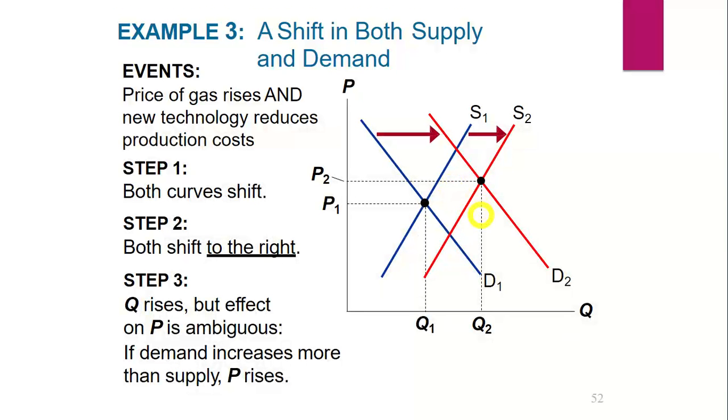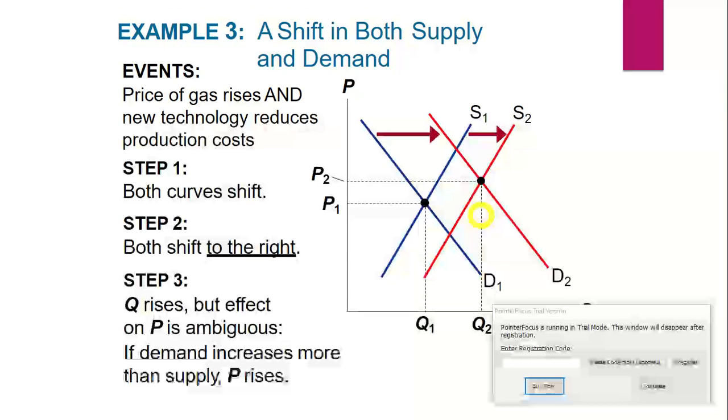It could be quite possible that if these gaps were the same, then price could appear to have stayed the same, going up marginally or even possibly going down marginally. It all depends on how you draw the graph. So we considered it ambiguous. If we know for a fact that demand increased more than supply, we can say that price increased.